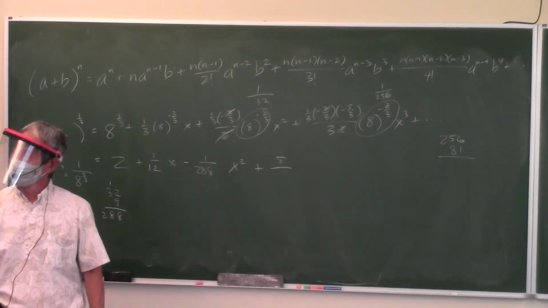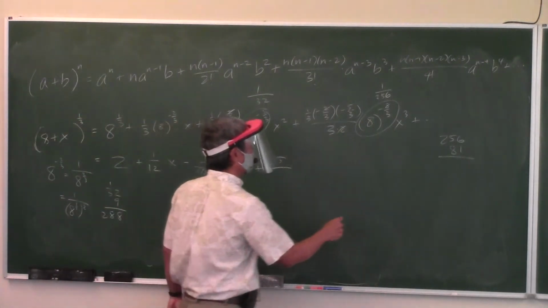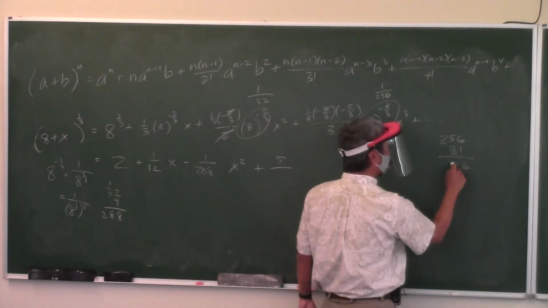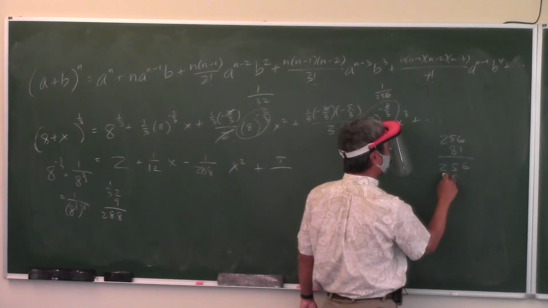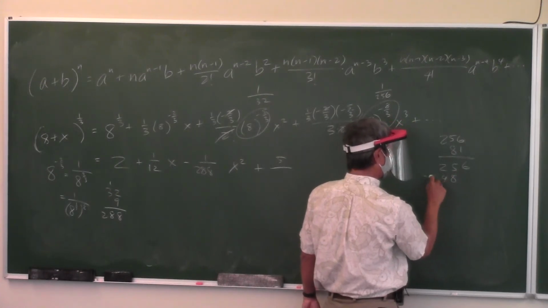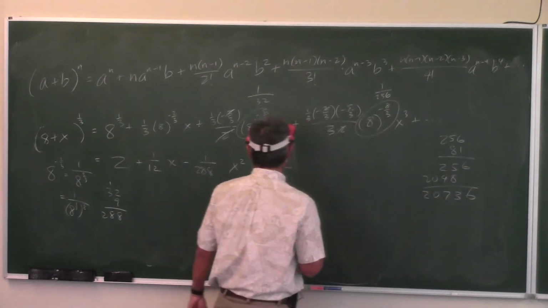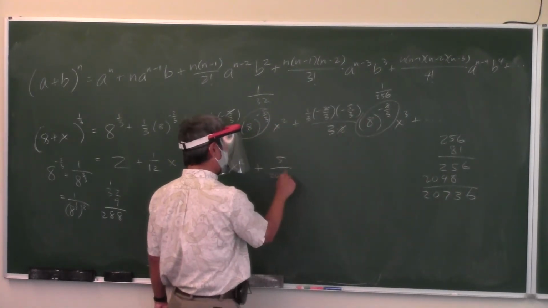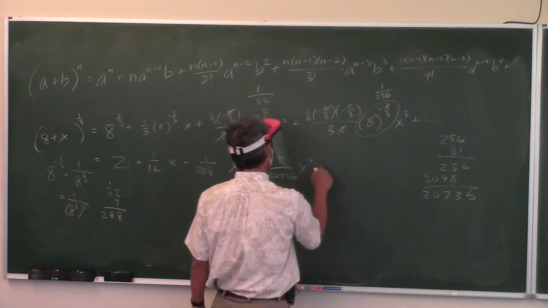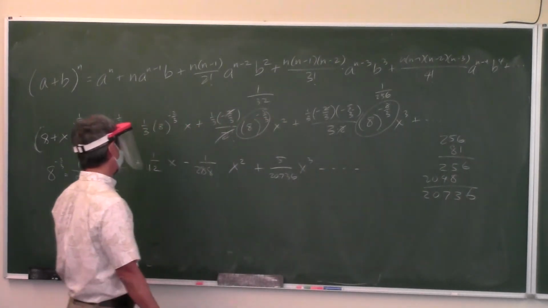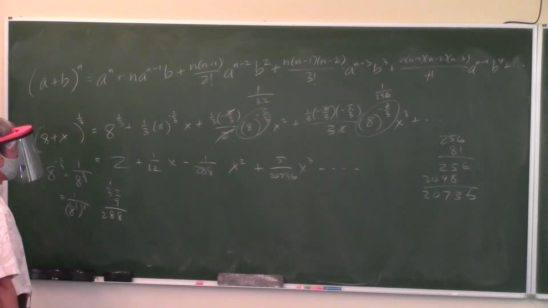It says 4 terms. Okay, come on. Oh, my dog can do this. 8 carry 4 carry 4. 6, 3, 7, 0, 2. So I got 5 over 20,736 x cubed. Did I do that correctly? I hope I did.